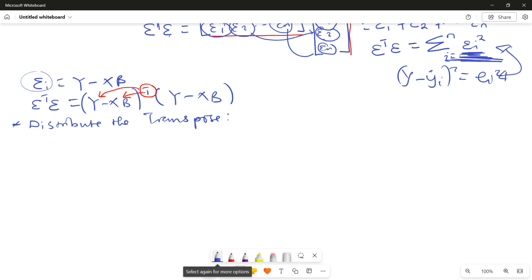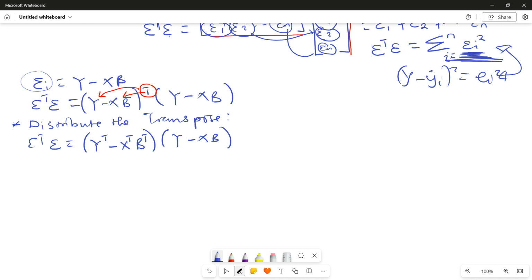This will be y transpose, after opening the brackets, minus x transpose b transpose. This is being multiplied by y minus xb. So this is still e transpose e.